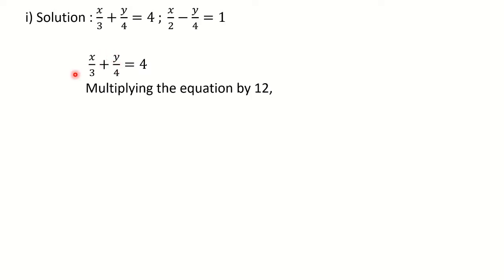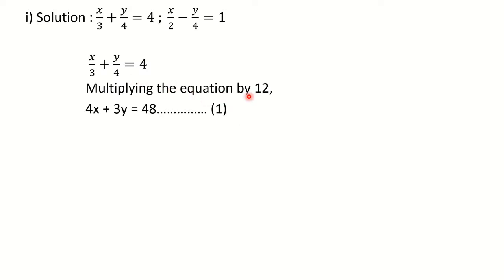Exactly opposite numbers you are getting: 4 here and 3 here. And when you are multiplying here by 12, you will get 48. This is one method, that multiply by 12 and you get the answer as 4x plus 3y is equal to 48. Number this as equation number 1.